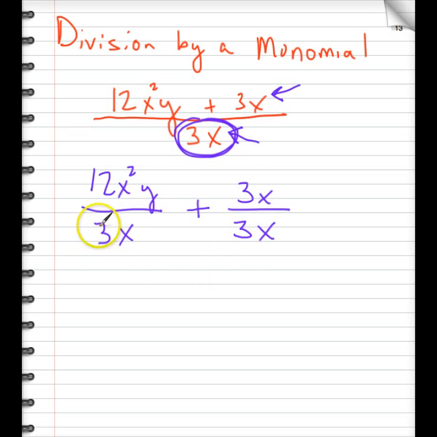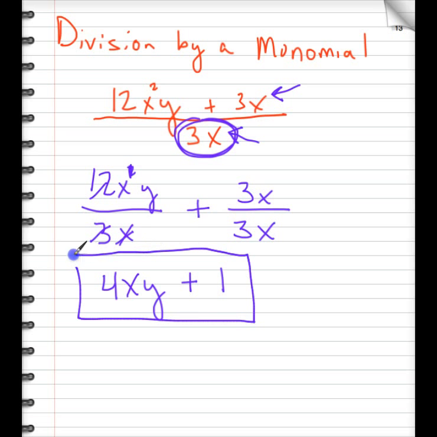Now you simplify. 3 goes into 12, 4. This x cancels into this x, dropping down to the power of 1, so that's just plain x. And then you still have your y. Plus 3x divided by itself, well, anything divided by itself is 1 whole. So that one is completed.